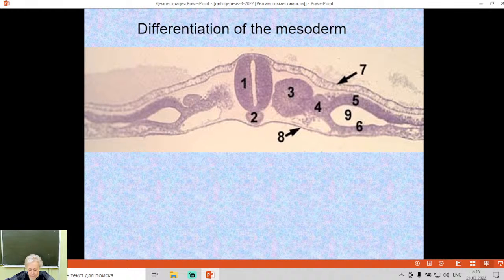Myotome is the basis for development of skeletal muscle. Dermatome gives rise to the dermis of the skin.